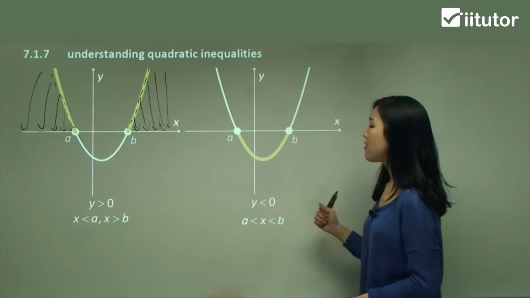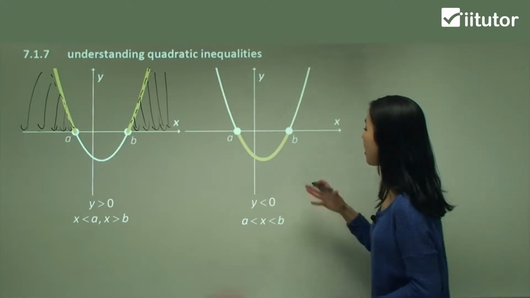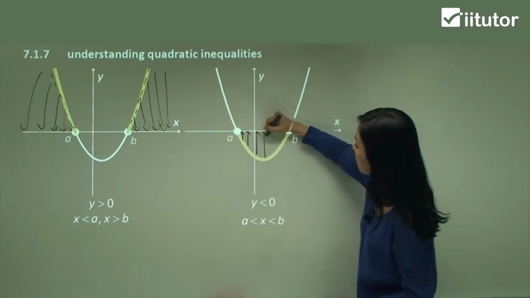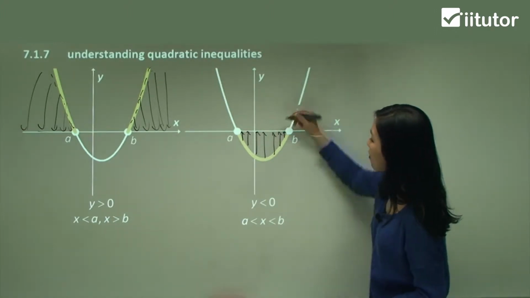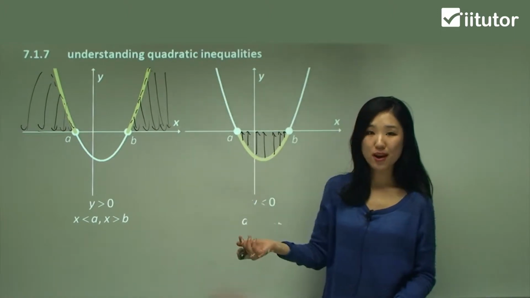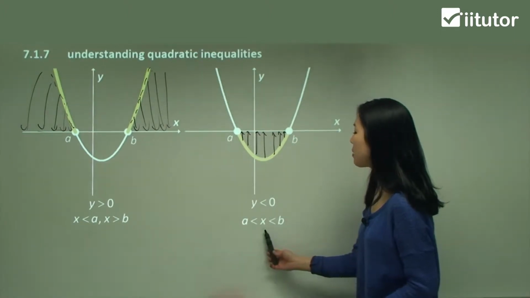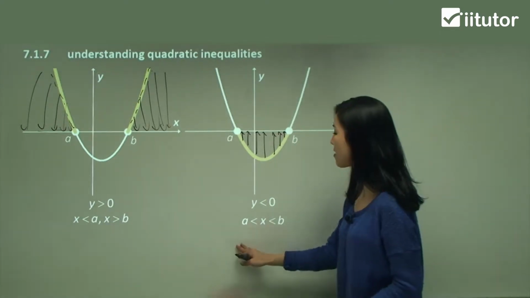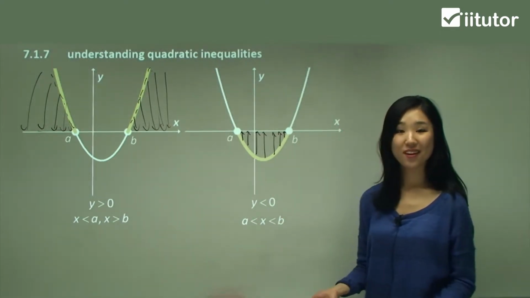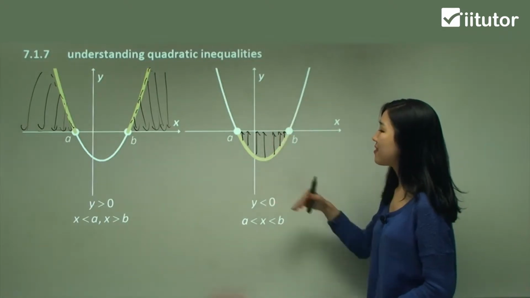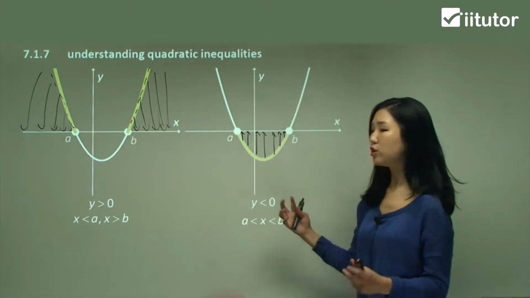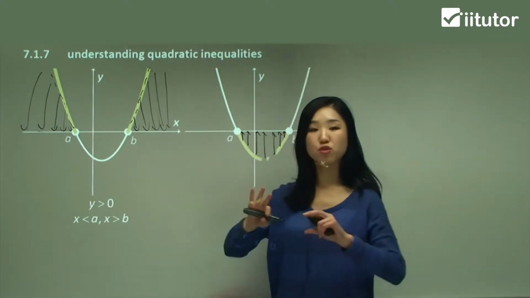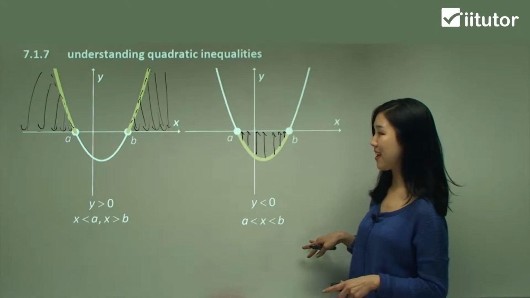To solve for the x values, I find the corresponding x values within these two points, so x is between a and b. Or you can say x is greater than a but less than b. So when y is less than 0, we have one joined inequality, and when y is greater than 0, we have two separate inequalities.